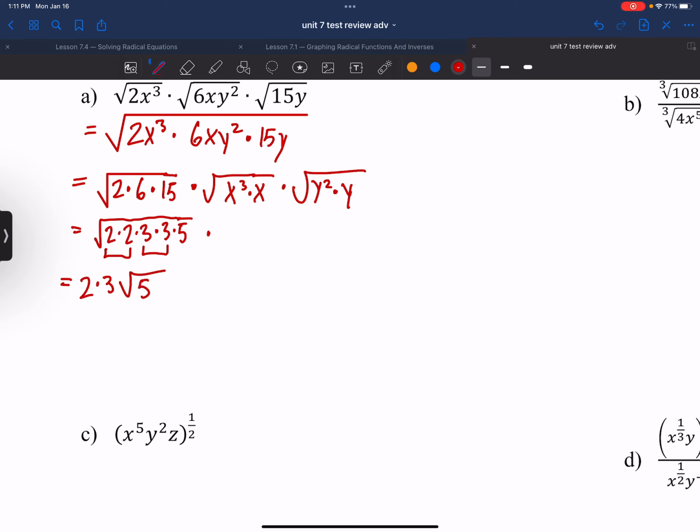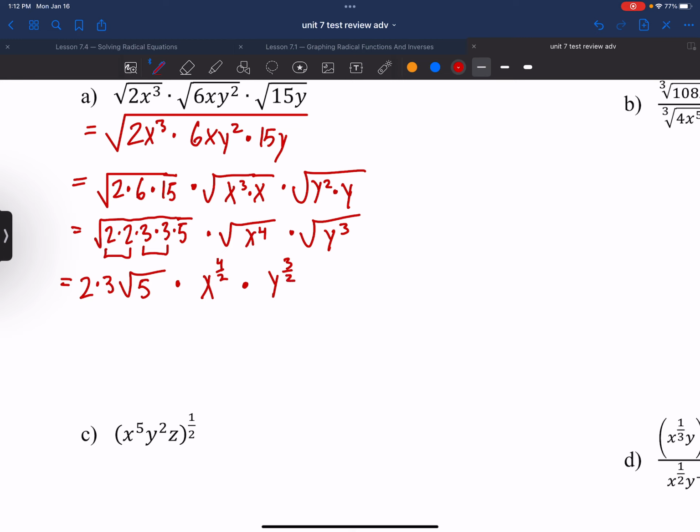Then I've got times the square root of x to the power of 4, by just adding the exponents, times y to the power of 3 under this radical. Now the square root of x to the 4th is just x to the 4 over 2, so it's x squared. And then y to the power of 3 becomes y to the 3 halves.